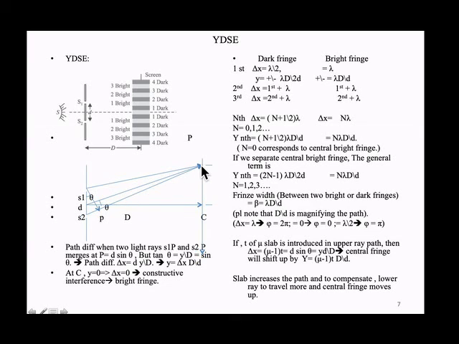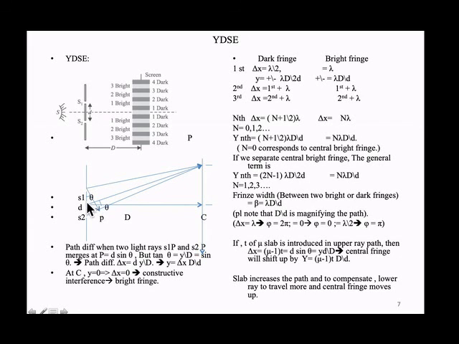What is the path difference at this point between these two rays? This portion. If the gap is d and this angle is theta, this is d sine theta. So the path difference becomes d sine theta.